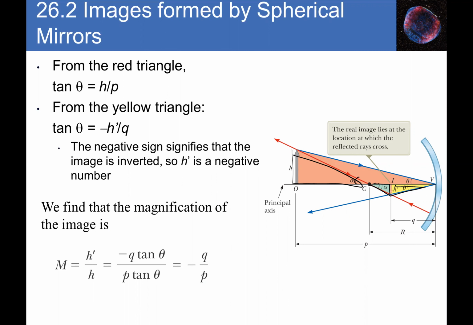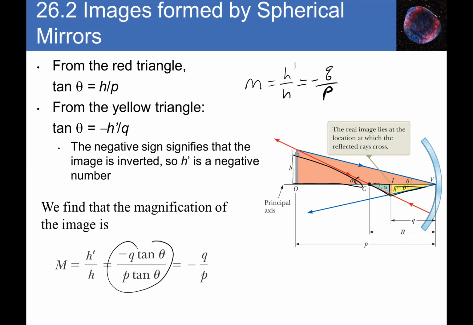The idea here is that the magnification equation we had, h_i over h, can also be written using those triangles and the tangent of those angles. We end up with magnification also equal to negative q over p.